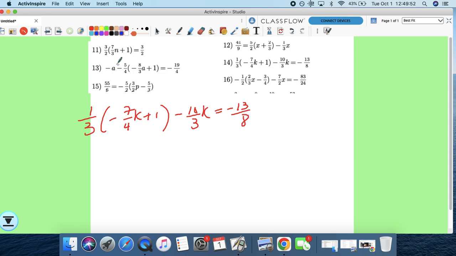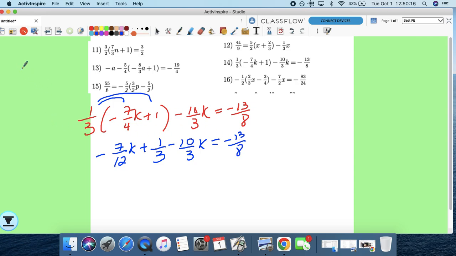So I'm going to do the distributive property right here, and then we're going to find the LCM. So that's positive times a negative, which is a negative. It's going to be 7 over 12k, and then positive times a positive, it's just 1/3. 1/3 times 1 is 1/3, minus 10 over 3k equals negative 13 over 8.